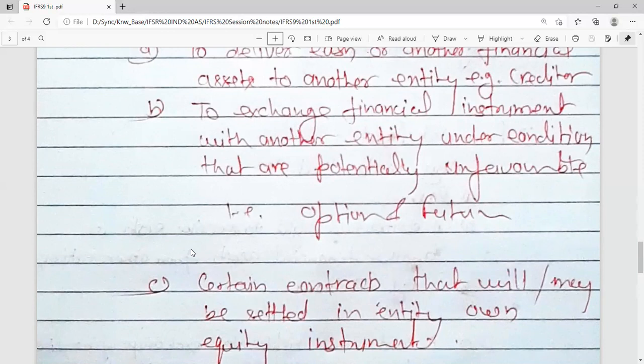There are many things to discuss in this standard. There are three parts in IFRS 9: measurement, recognition and hedge accounting. Today we have just covered some of the measurement portion. I have not prepared notes, but I can explain.